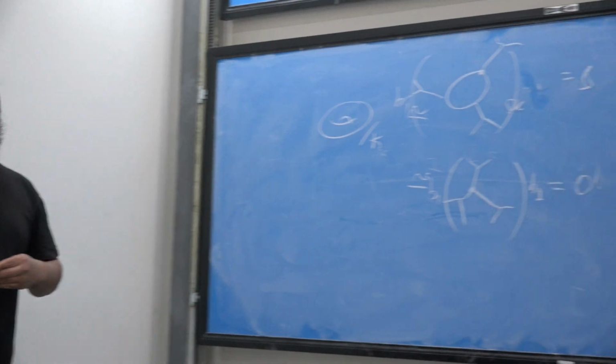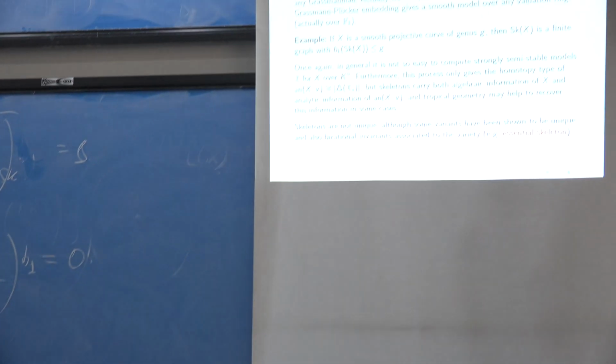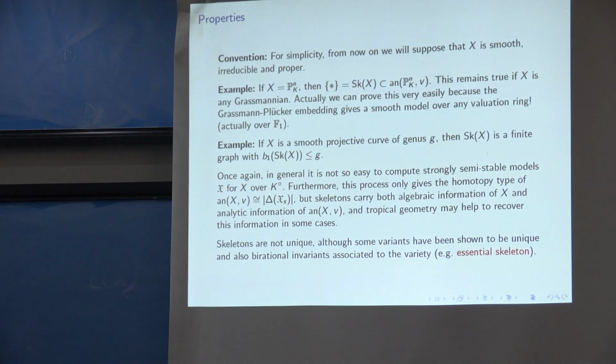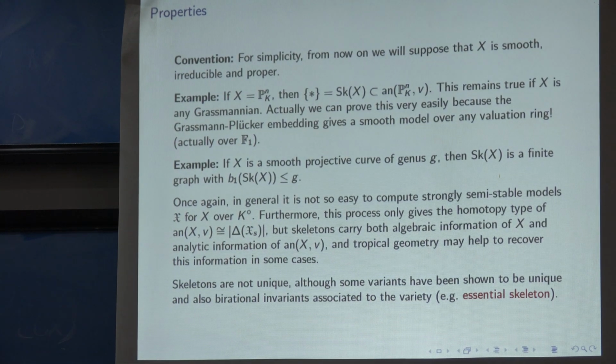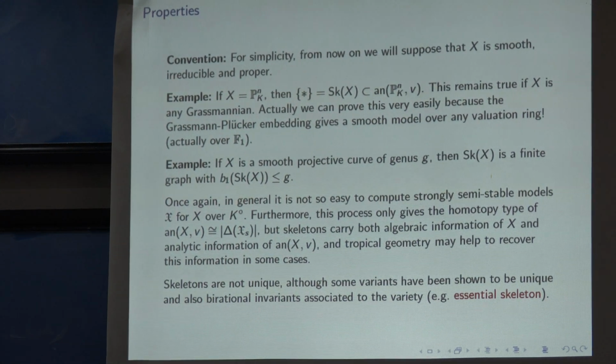And by the Lefschetz principle, if you are working with a field of characteristic 0, the birational information that you get from non-Archimedean things is going to transfer to the complex setting. So these tools are not just for the non-Archimedean people, they are interesting also for the classical people. Remember, for me, classical is holomorphic.